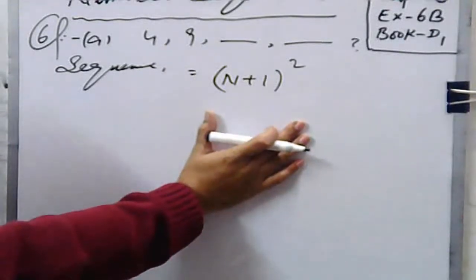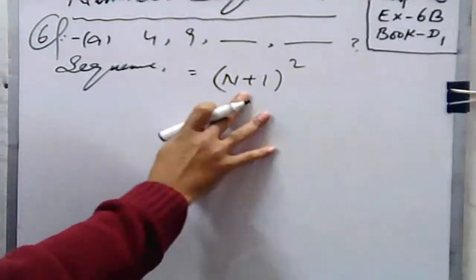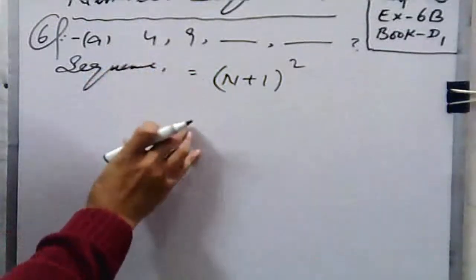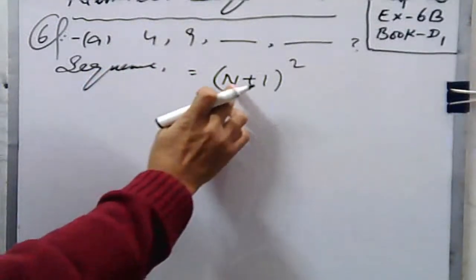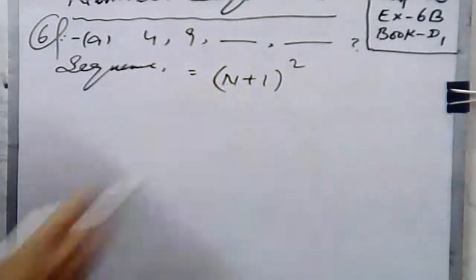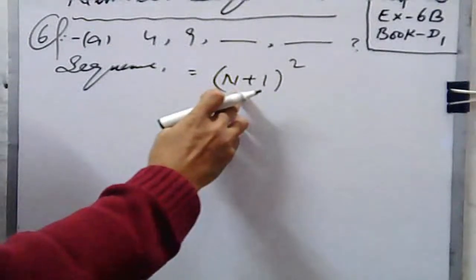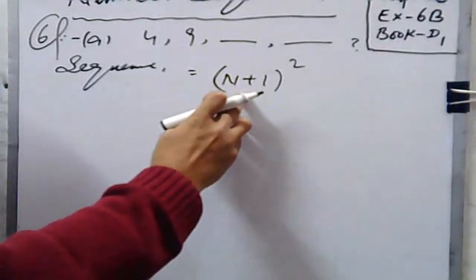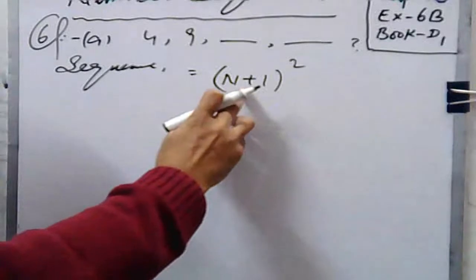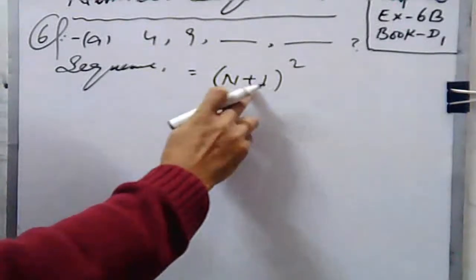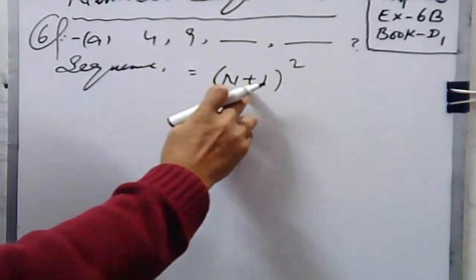So the sequence is n plus 1 squared, because if I put in the first diagram, we can see there are 1, 2, 3, 4 triangles. So if I put in 1, you can see 1 plus 1 gives 2 squared, and you will get 4.